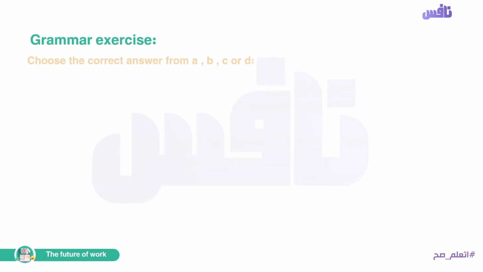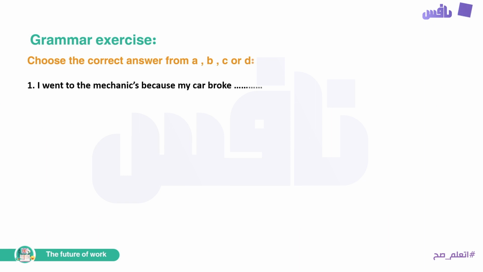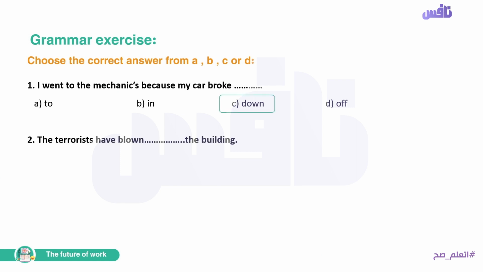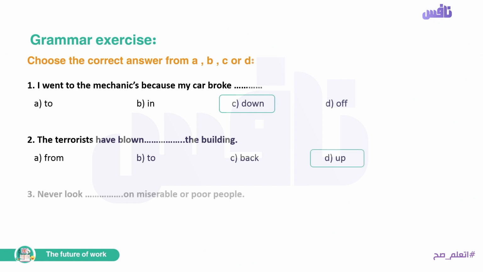معانا exercise بيقول لنا choose a correct answer from A, B, C or D. Number 1: I went to the mechanic because my car broke، لأن العربية أكيد اتعطلت، يبقى to ولا in ولا down ولا off؟ يتعطل يبقى broke down. The terrorists الإرهابيين have blown the building. هينسفوا المبنى. blown from ولا to ولا back ولا up؟ طبعا هي blow up معناها ينسف يفجر يعني.